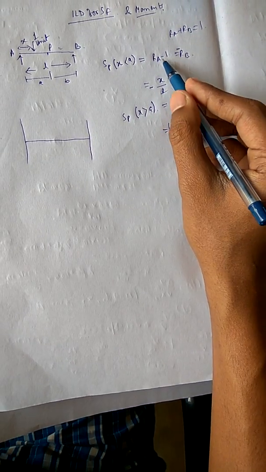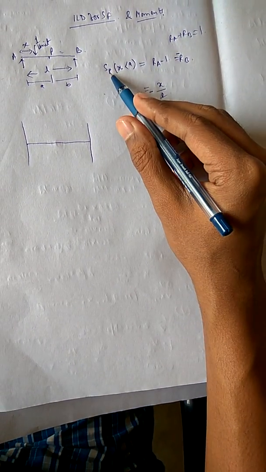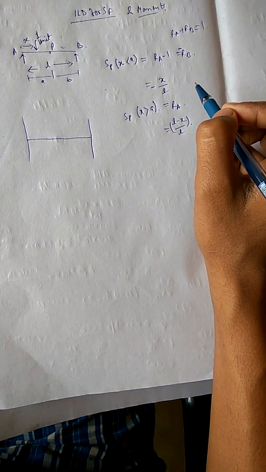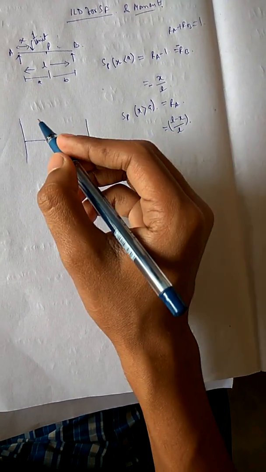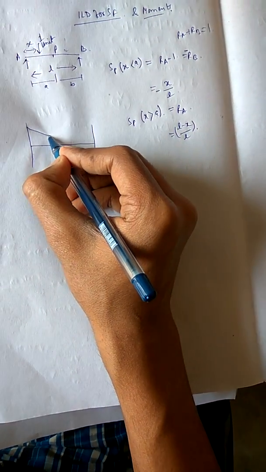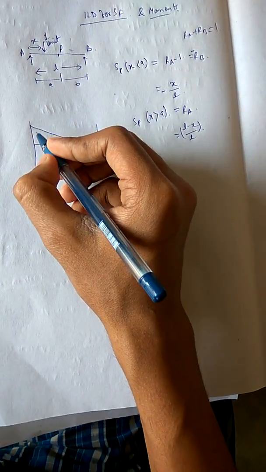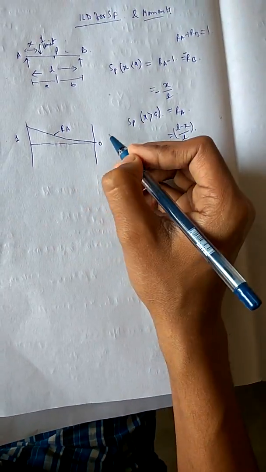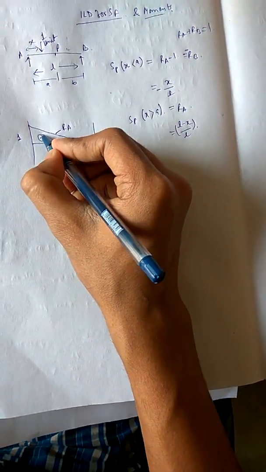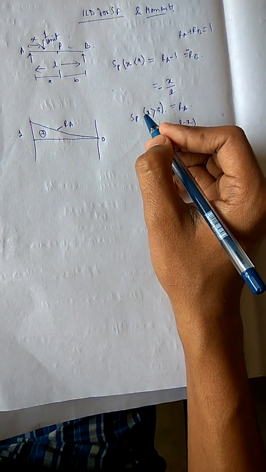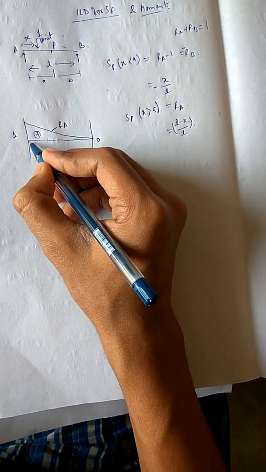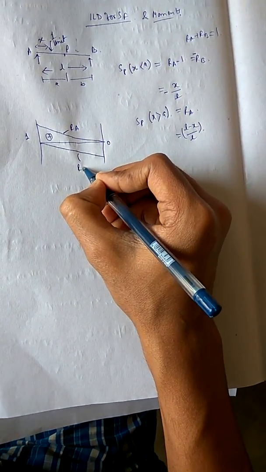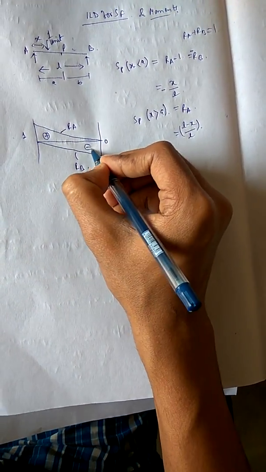Here I had only calculated the shear force for x less than a and x greater than a. The ILD for RA is this one, where this is 1 and this is 0. How to find the ILD for RA, we had discussed in earlier videos. And this is the ILD for RB. This is negative and this is positive.